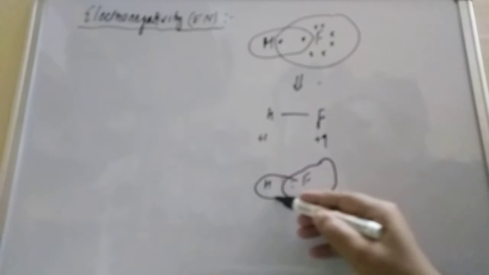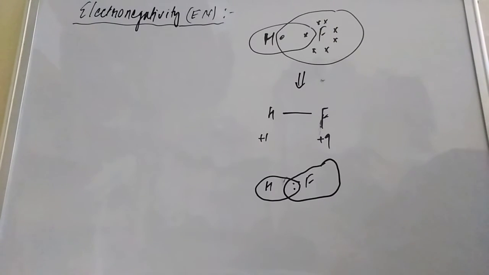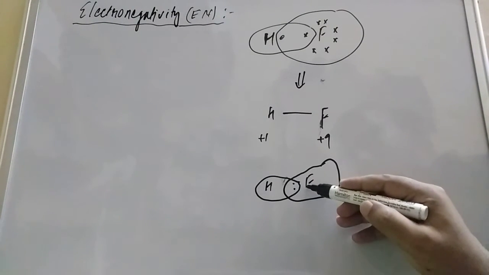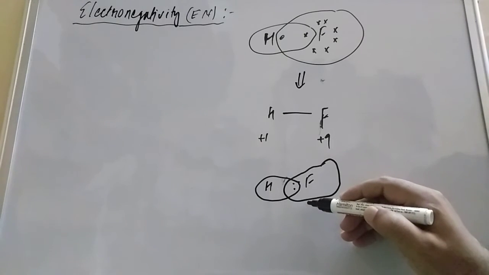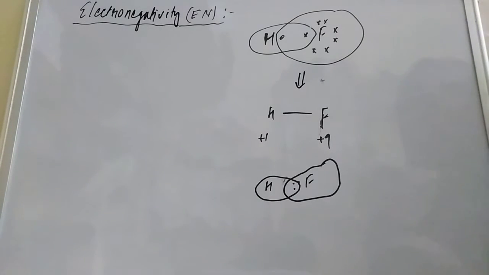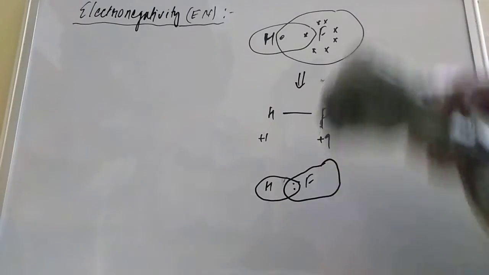So the plus 9 will pull these 2 electrons towards the fluorine atom, and the hydrogen atom will have less electron density. This pulling of electrons towards the more electronegative atom is known as electronegativity. Now let us write the definition of electronegativity.